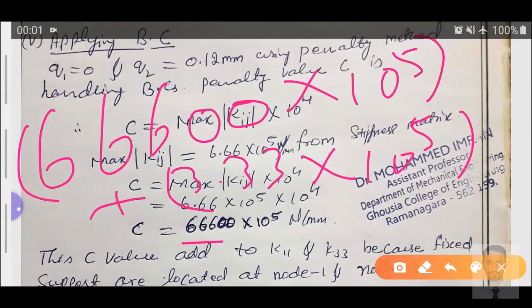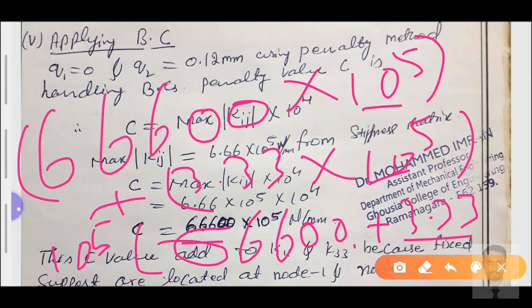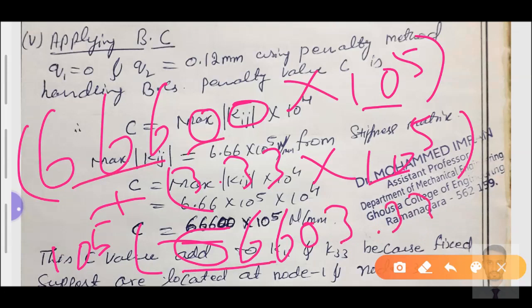When we add this, we take 10 to the power of 5 common. Then here 66600 plus 3.33 when we add, the total value is 10 to the power 5 times 66603.33.